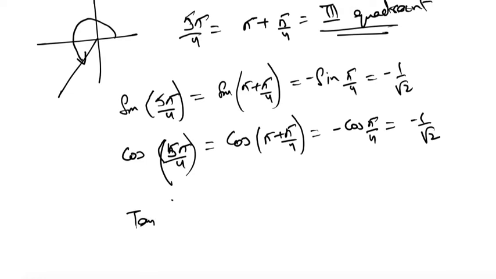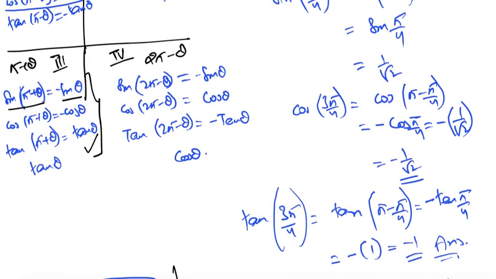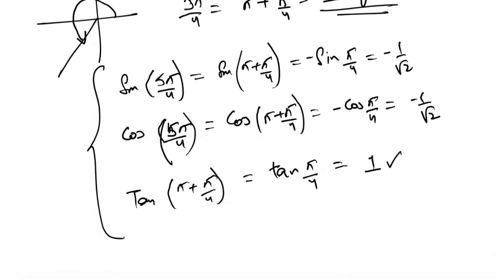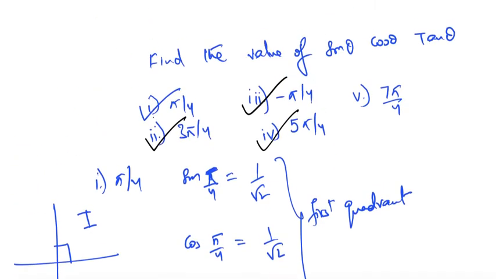Similarly, tan pi plus pi by 4 will be positive tan pi by 4 because this is the third quadrant, so this will be your 1. These are the identities of the third quadrant, and over here tan is positive. Now the thing is, everywhere in the quadrants I'm going slowly so that you can understand properly.